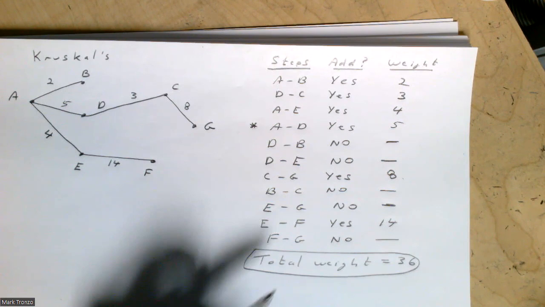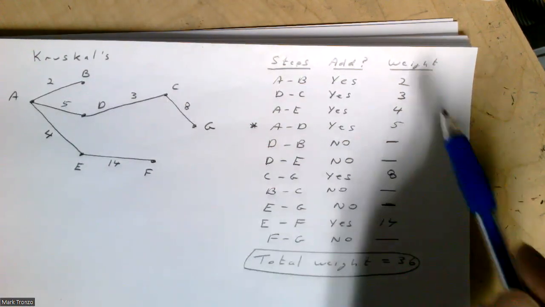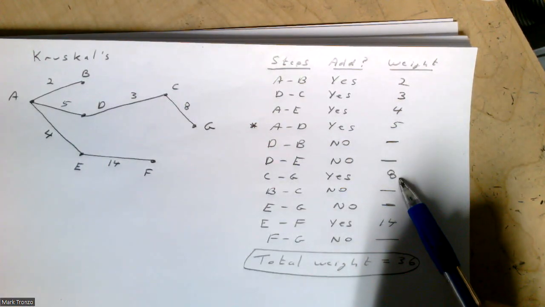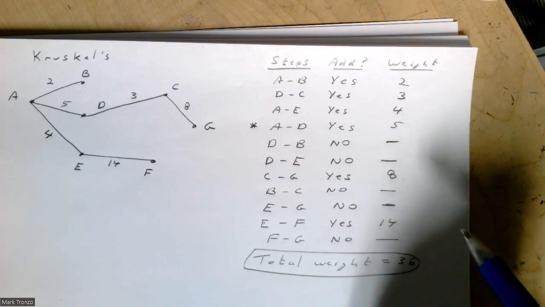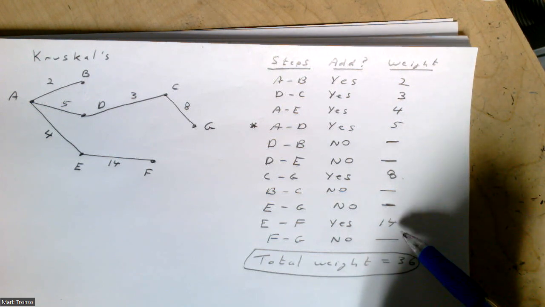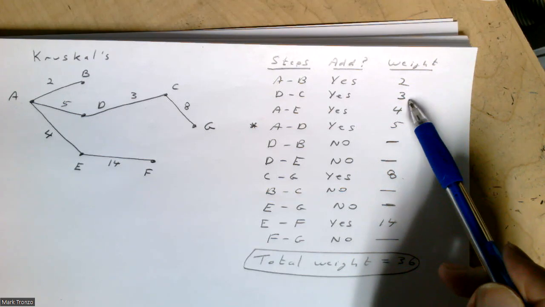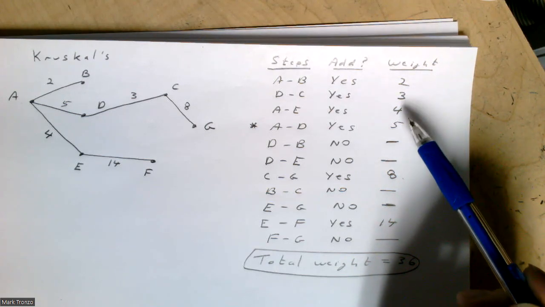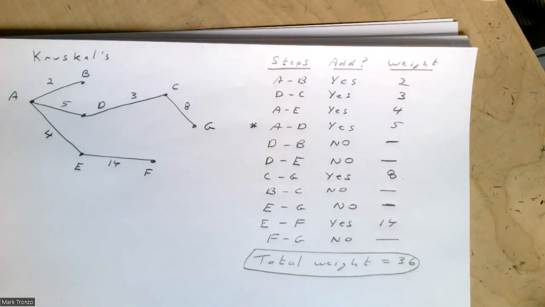So let me just double check my numbers here. Let me put, let's see, there's going to be 10 here, 24, 27. Looks like this is correct.